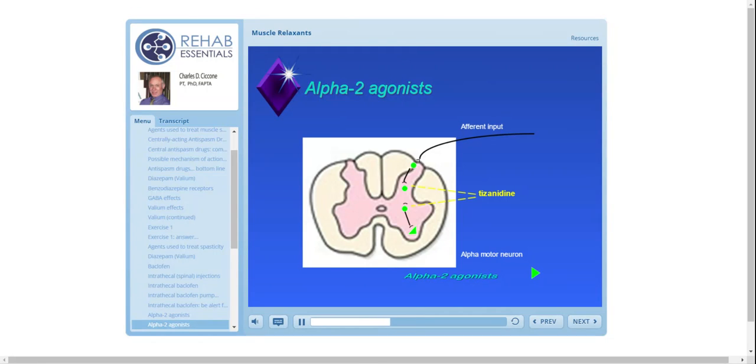The drug itself, tizanidine, is binding to alpha-2 receptors on these interneurons. And when it does so, it inhibits their activity. By inhibiting the activity of the small neurons, we inhibit the activity of this large alpha motor neuron. So there's less outflow to the muscle, and eventually the muscle itself is inhibited.